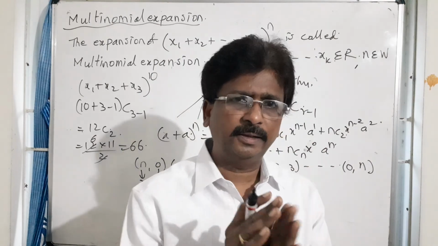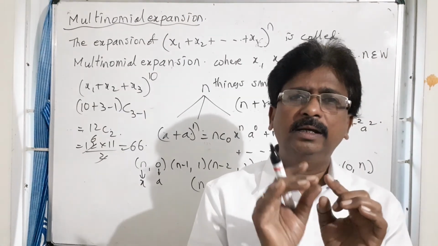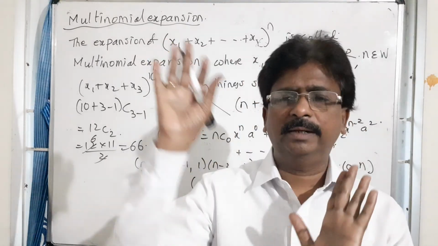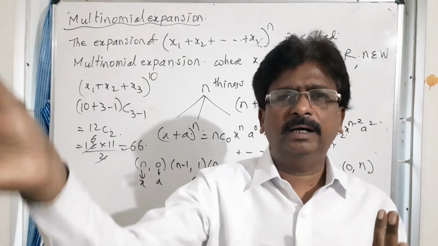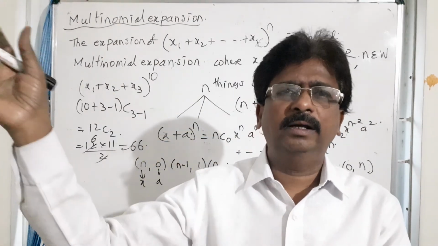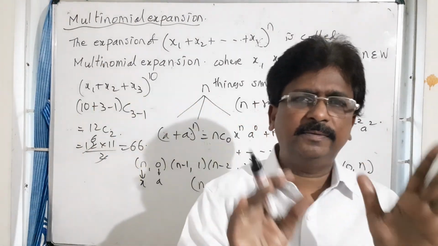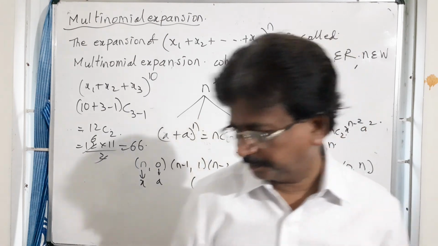So we will write just the general term. What is the general term? The general term is considered according to the x1 power, x2 power, x3 power. How many powers should be taken for x1? Just something, alpha 1. x2 power, something, alpha 2. x3 power, alpha 3, and so on. In such a way, we will write the general term.